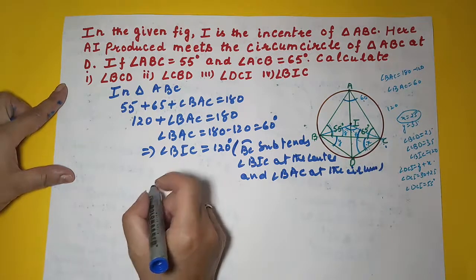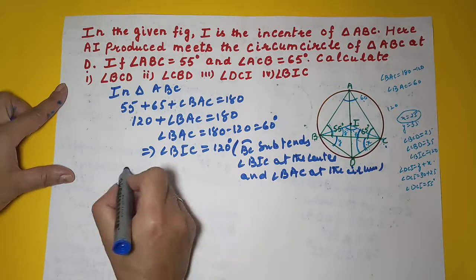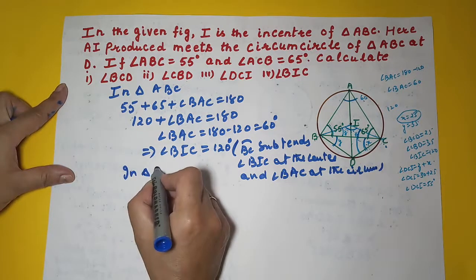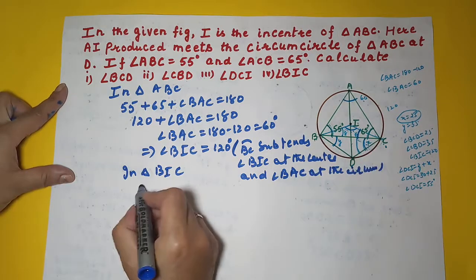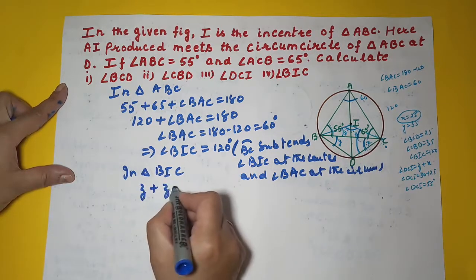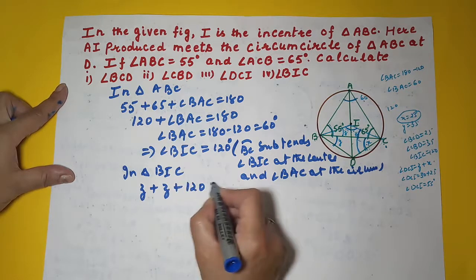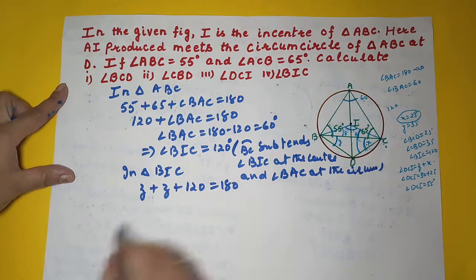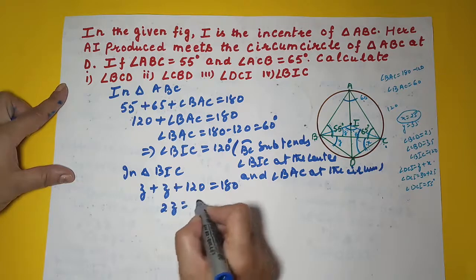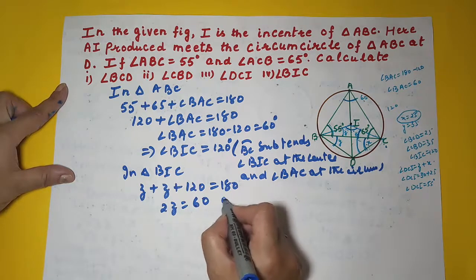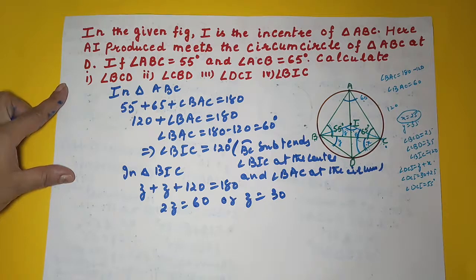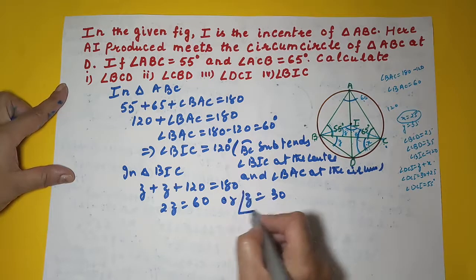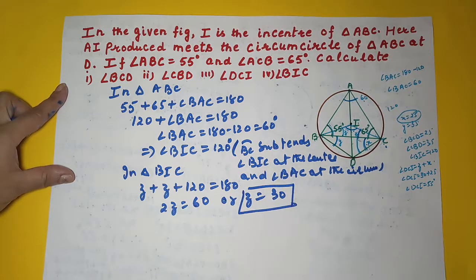Now I will write in triangle BIC. I have named this angle as Z. Z plus Z plus 120 is equal to 180. So 2Z equals 60, or you can say Z is equal to 30. I got Z as 30. I'll keep this Z because I need the value of this.